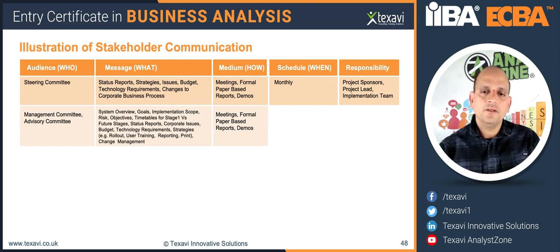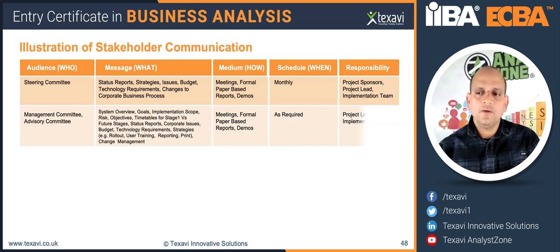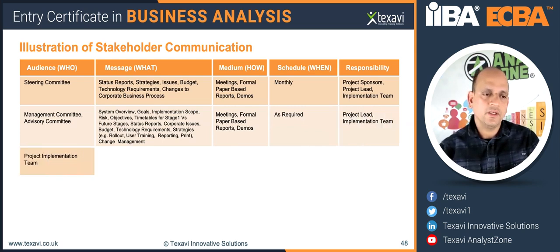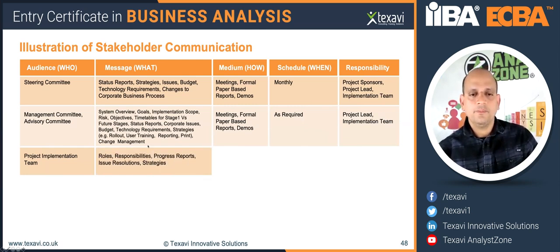Again, meetings, formal reports and demos, roughly monthly, and then depending on the event, it could be event driven as well. And if you've got any customer reported defect, for example, they could be informed.